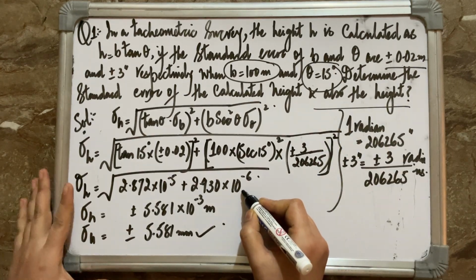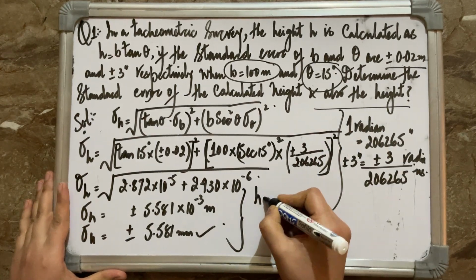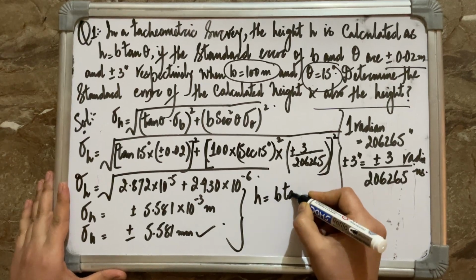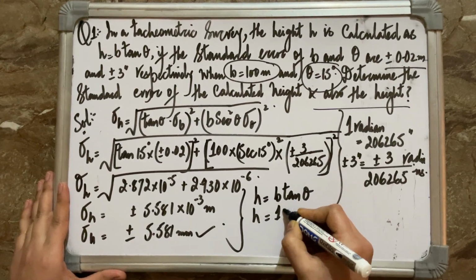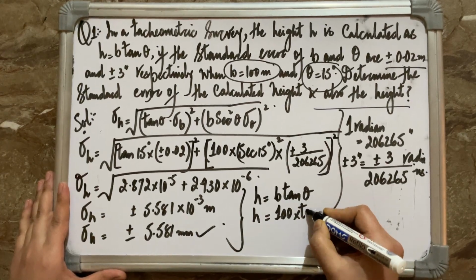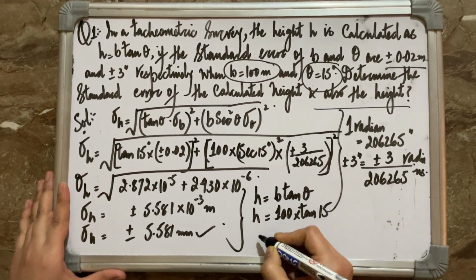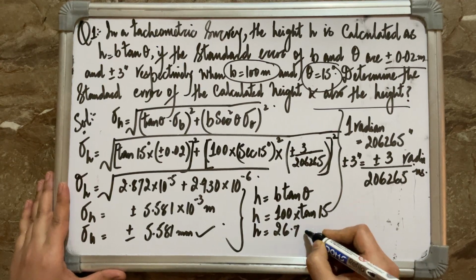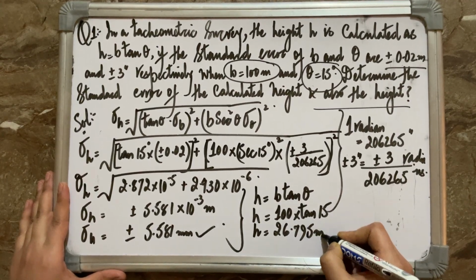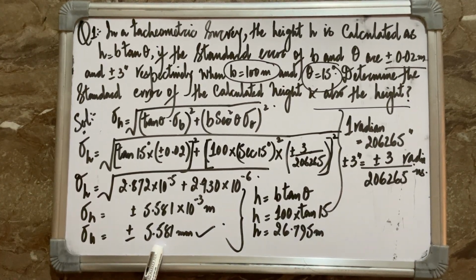Now it also says to calculate the height. Let me calculate the height as well. It is given as h is equal to b tan theta. h is equal to 100 times tan 15. By calculations, h is equal to 26.795 meters is the calculated height, and the standard error in that height is equal to plus minus 5.581 mm.